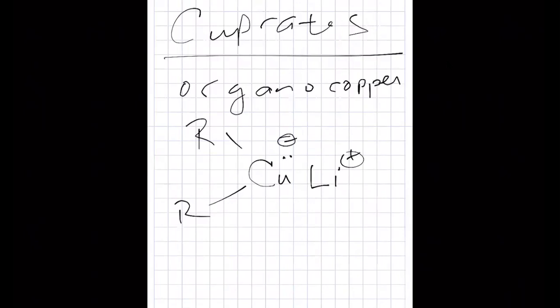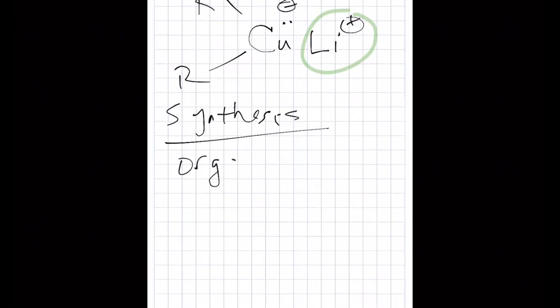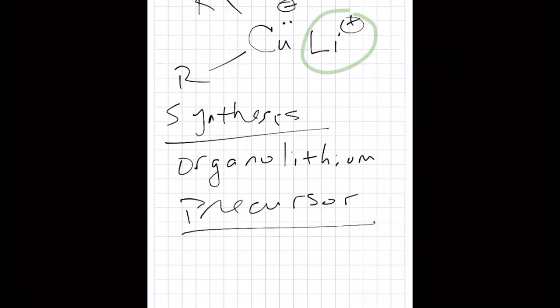All right. So the way you can see that there's a lithium involved here. So the way you make this, I'm going to show you that, and then we're going to stop. In the synthesis of the cuprate, you have to start with what's called an organolithium. So you have this organolithium precursor. The way you make that is very simple.